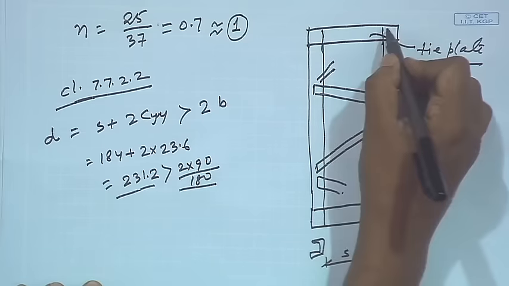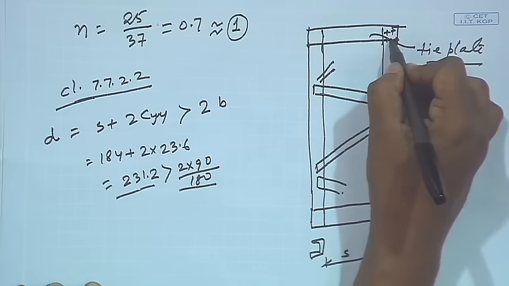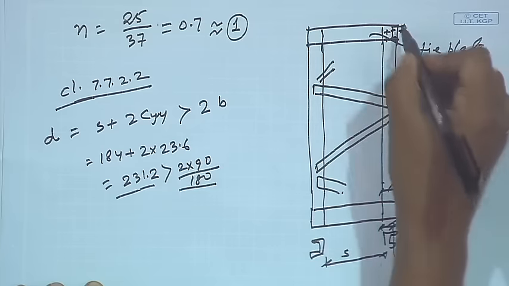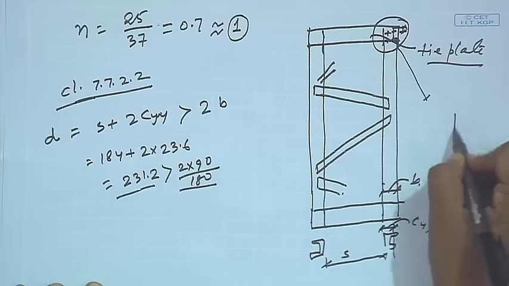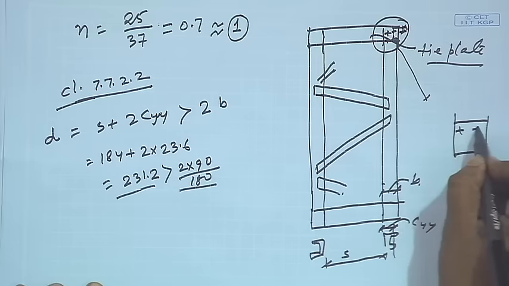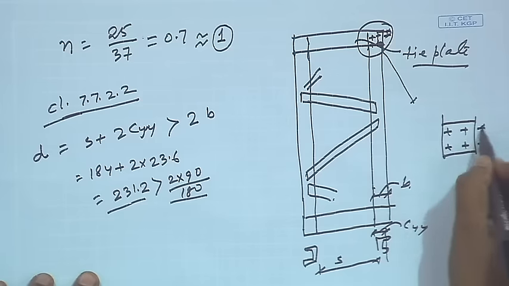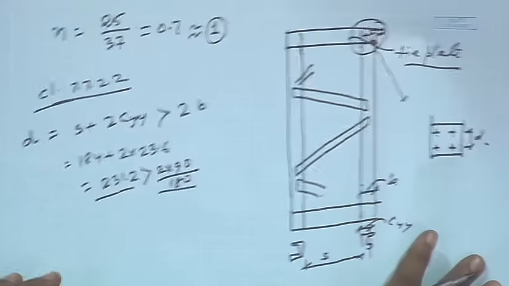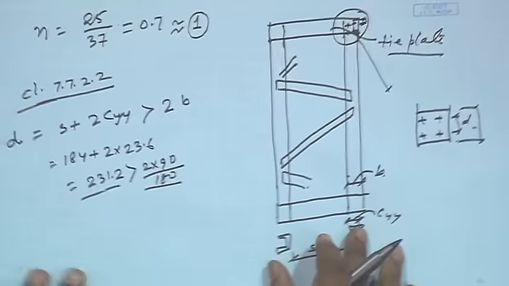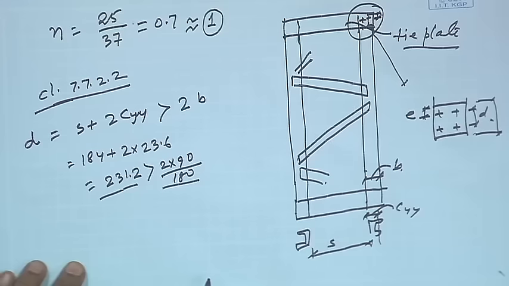Minimum edge distance means, when we are providing the bolt connections here, we have to provide certain edge distance, right. If I enlarge this here, it will be something like this. Suppose these are the bolt connections and this is D. So, overall depth is basically D plus twice E, because we have to include the edge distance.